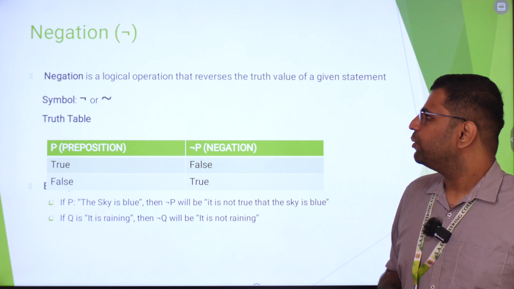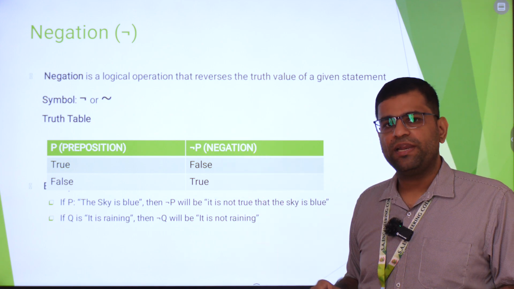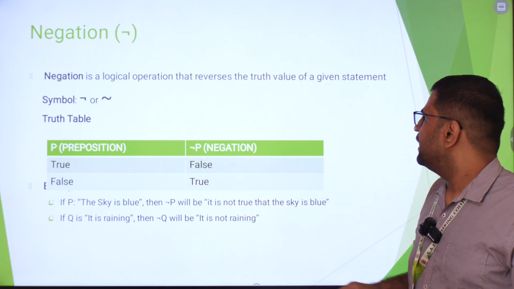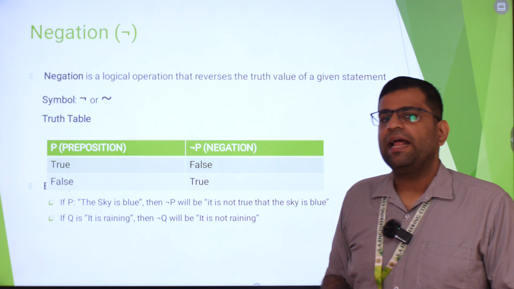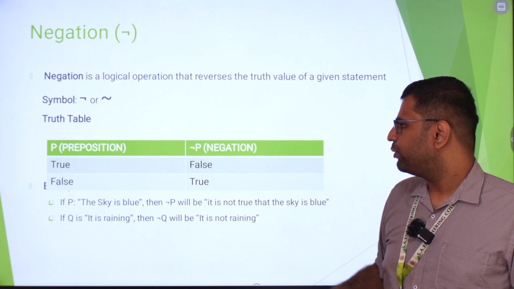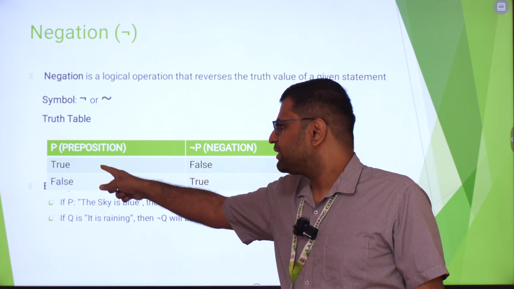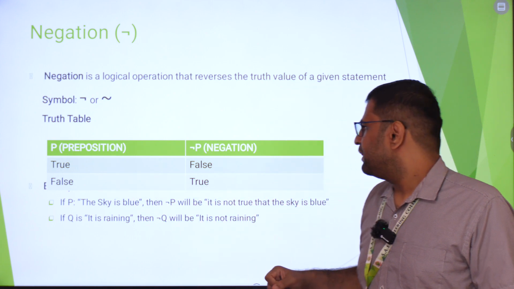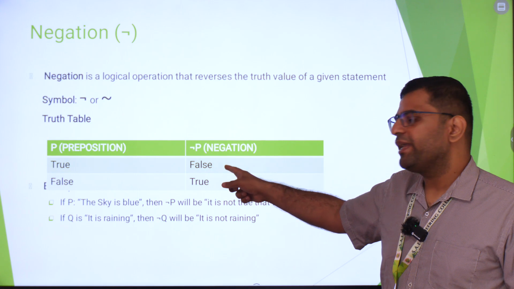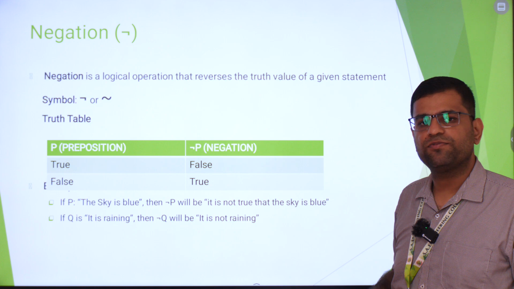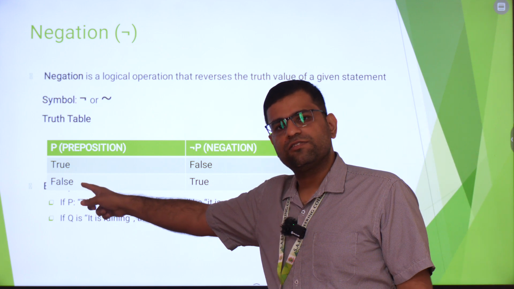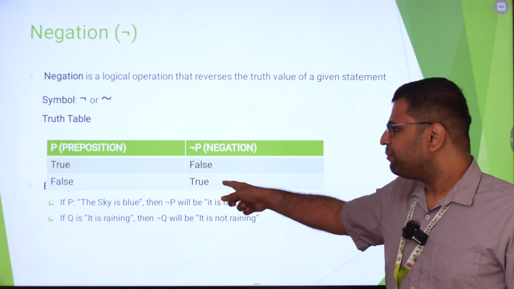So negation is a logical operation that reverses the truth value. It is given by this symbol or this, applied to the proposition. If the proposition is true, then the negation becomes false. When the proposition is false and negation is applied, it becomes true.